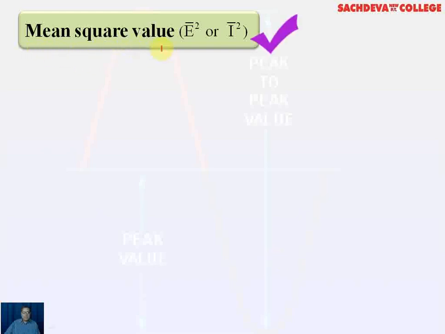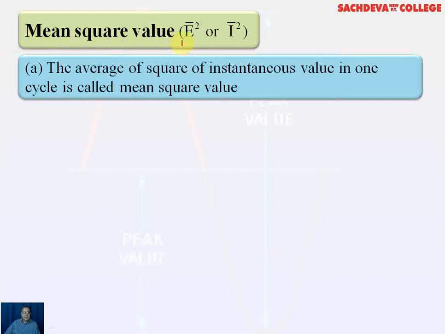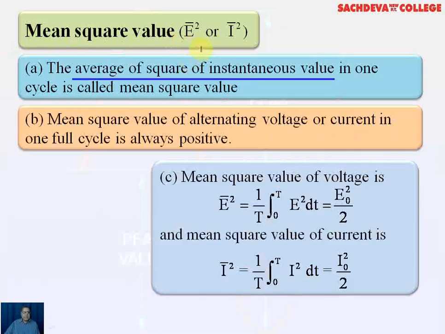Mean square value. We take the average, or we find the average of the square of the instantaneous value in one cycle, which is called the mean square value. The mean square value of alternating voltage or current in one full cycle is always positive.